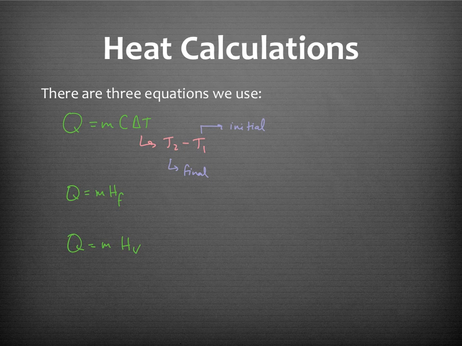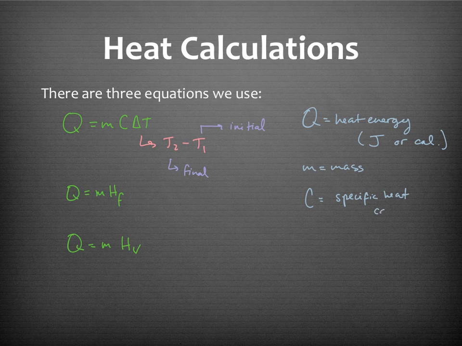Now, when do we use these equations? First of all, let's figure out what these variables mean. So Q is equal to heat energy, measured in joules. So joules or calories is the unit for heat energy. M is the mass of the substance. C is the specific heat capacity.